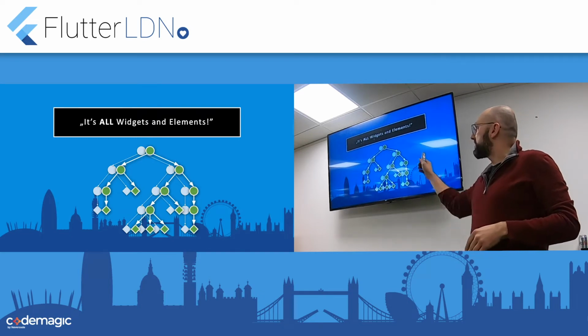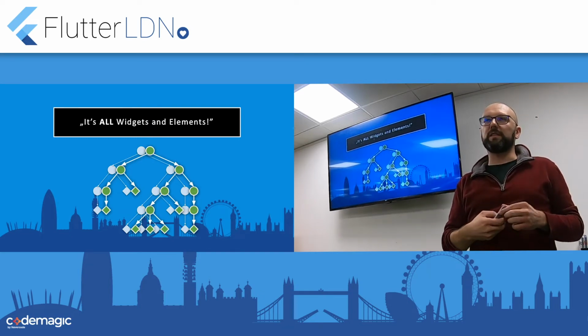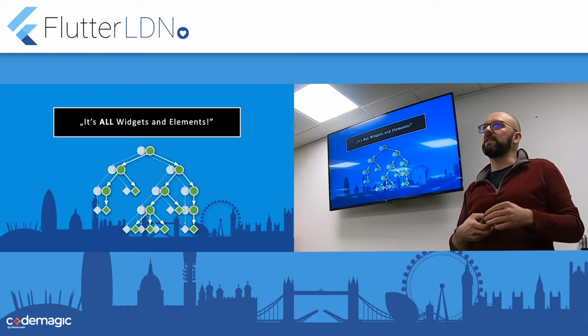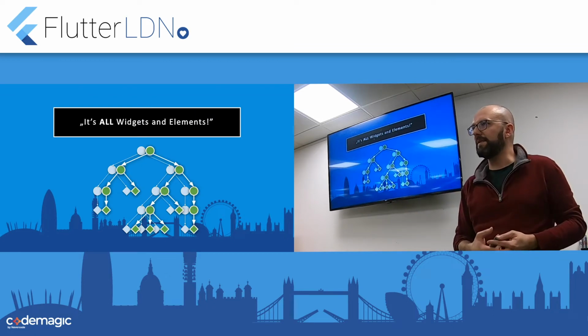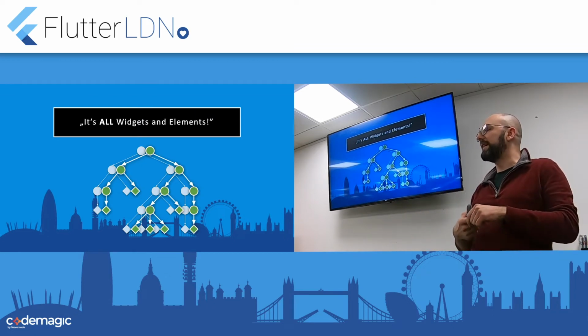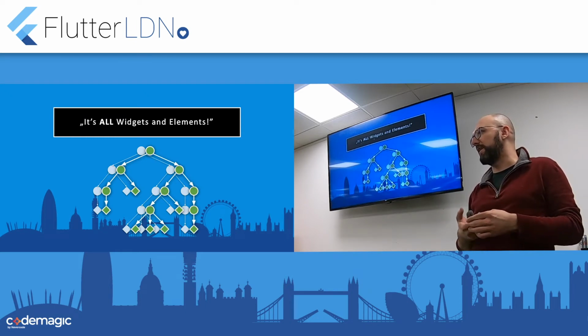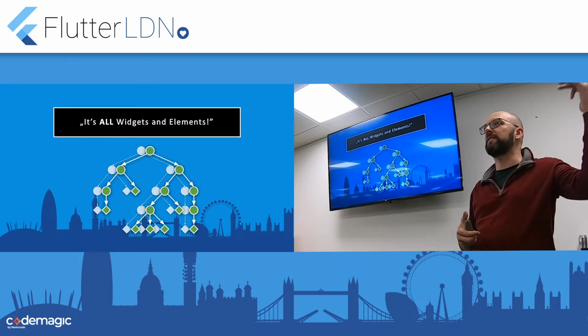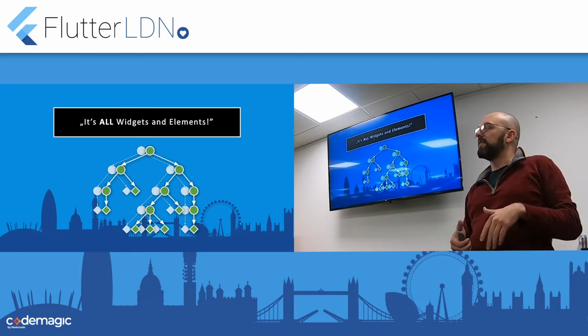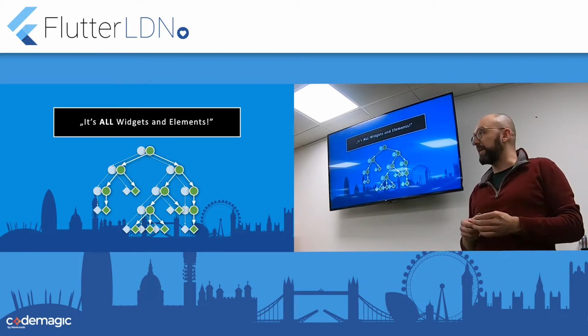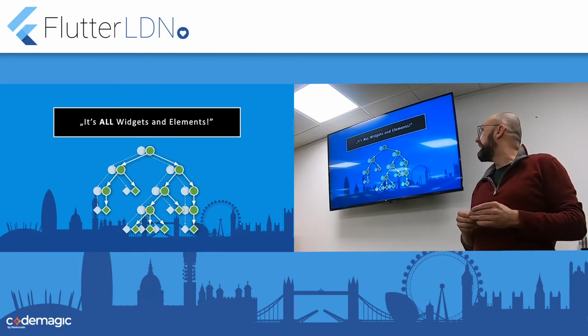What widgets map to is elements, and every widget that we write is mapped to a single element. Elements themselves are the basic building blocks of the Flutter framework. So Flutter actually doesn't deal with widgets themselves. The Flutter framework works on elements.